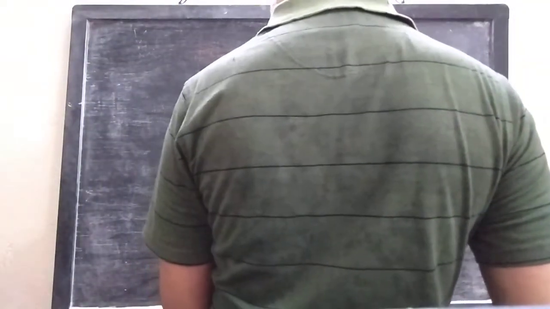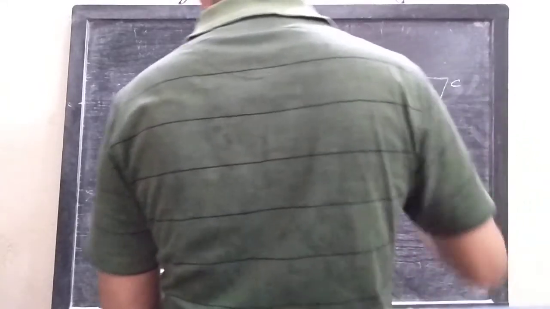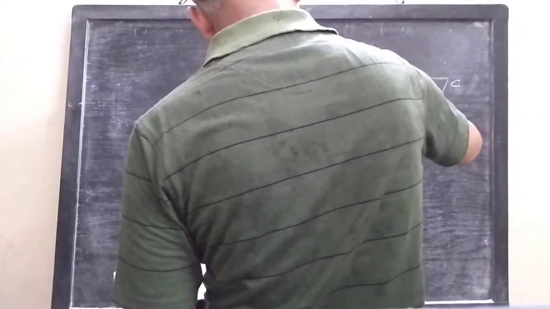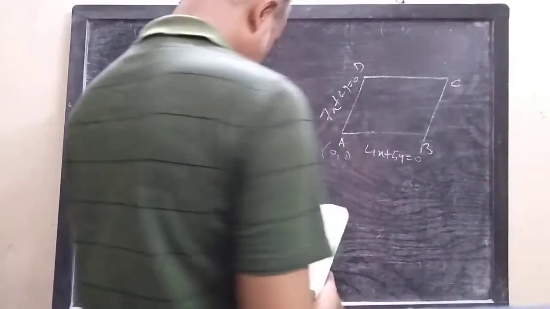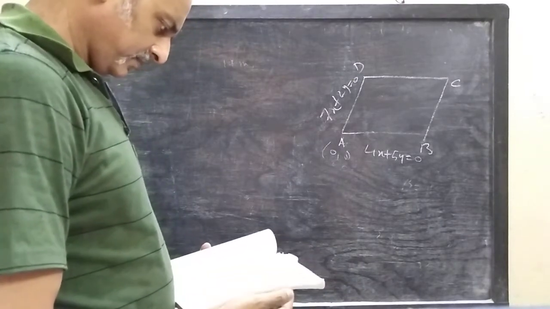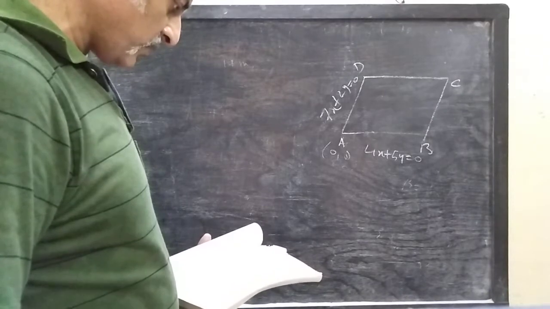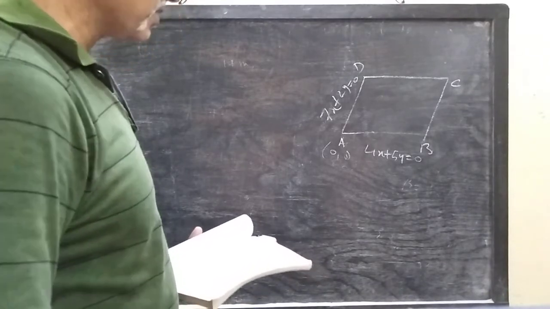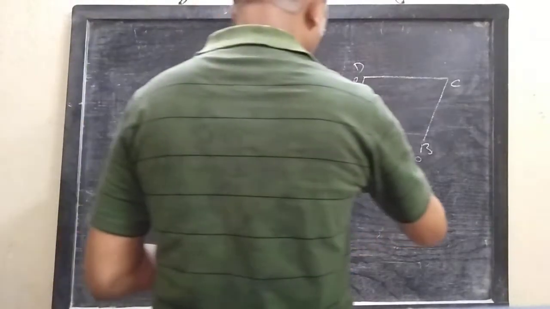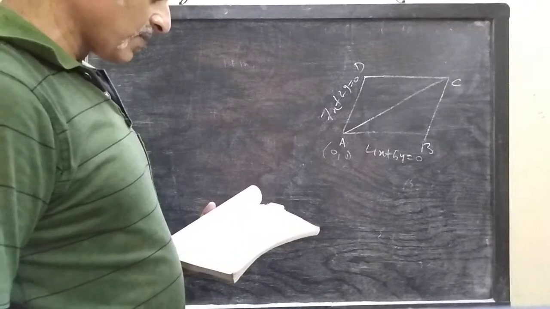This equation is 7x plus 2y equals 0. Right. It is also given that the equation of its one diagonal is 11x plus 7y equals 9. Look, the diagonal AC, as it passes through the origin, its equation can't be 11x plus 7y equals 9.